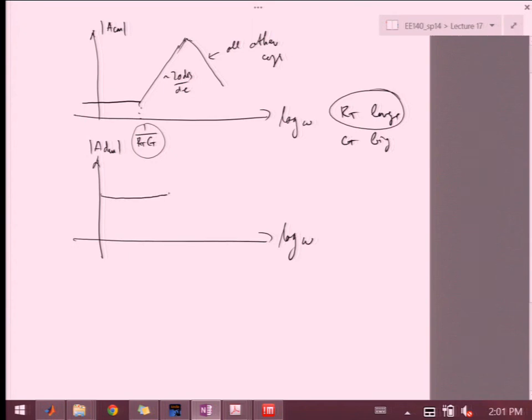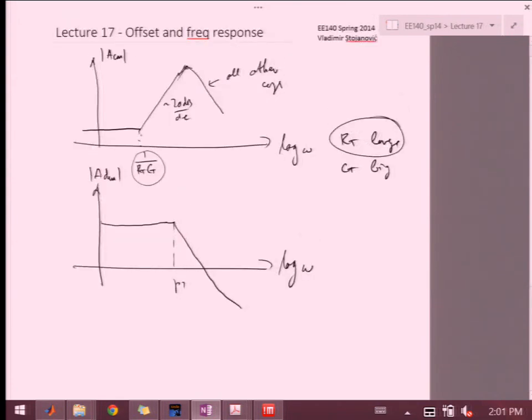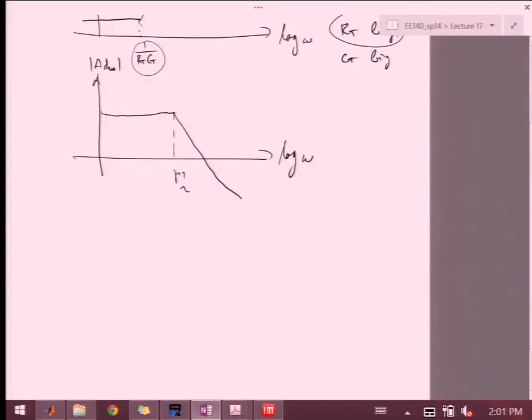We'll go, and then somewhere before all these kick in for the common mode, it will start rolling down, right? And this over here will be our P1 that we did. So this would be approximately 1 over RS, RD, GM, CGD, right?